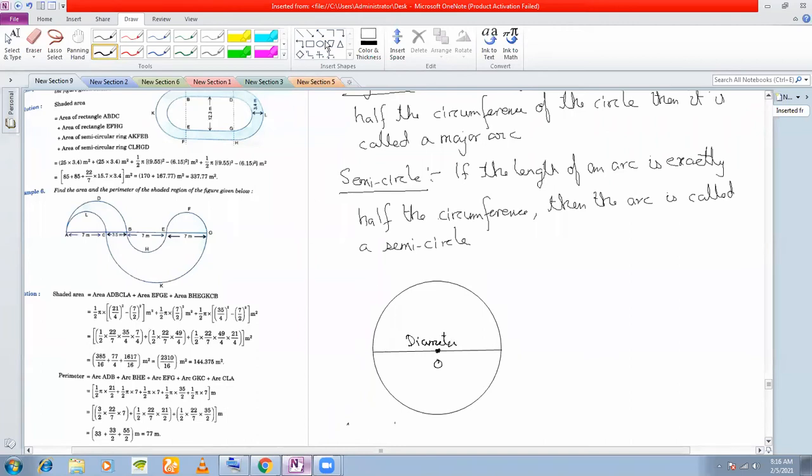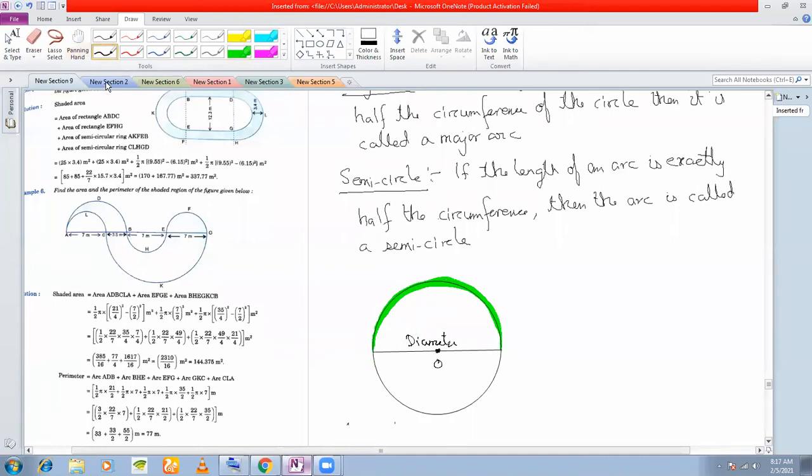Now what happens? See this arc here is exactly half of the same circumference. This arc here is exactly half of the circumference, right?